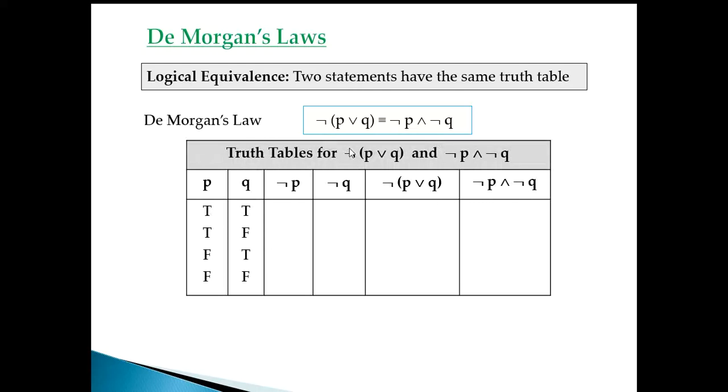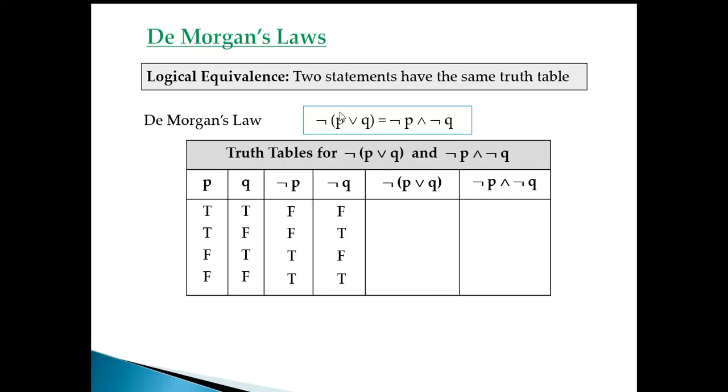First, for these propositions, we need to calculate negation of P and negation of Q. We have P and Q, so first we calculate the negation of P, the negation of these values, and the negation of Q, the negation of these values. We have this.